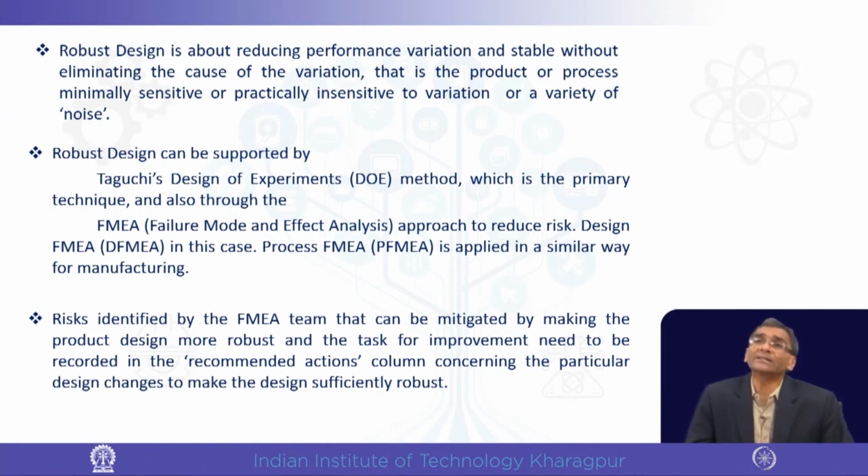What are the things to be done for improvement or risk minimization is something called, there is a format in FMEA that you can always find from the website, etc., where there is a recommended action, what to do. So, there one will note down, okay, this is the action to be taken to mitigate that risk.